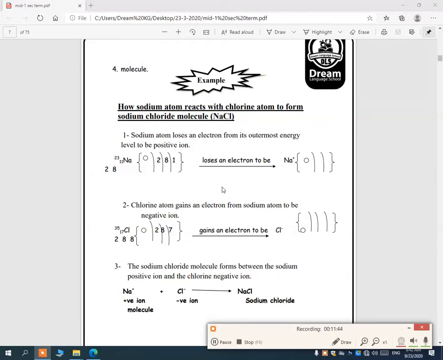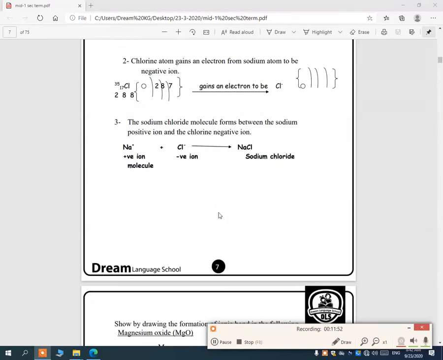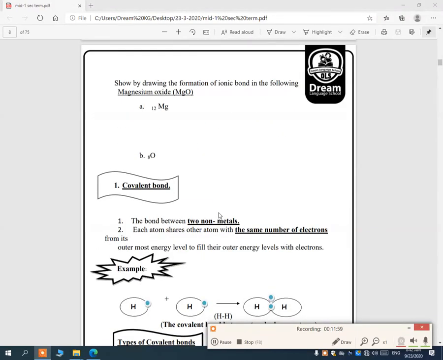The positive sodium ion will react with the negative chlorine ion to form sodium chloride. So if I ask you about the bond inside sodium chloride, it will be ionic bond. In the same way, magnesium oxide is formed.